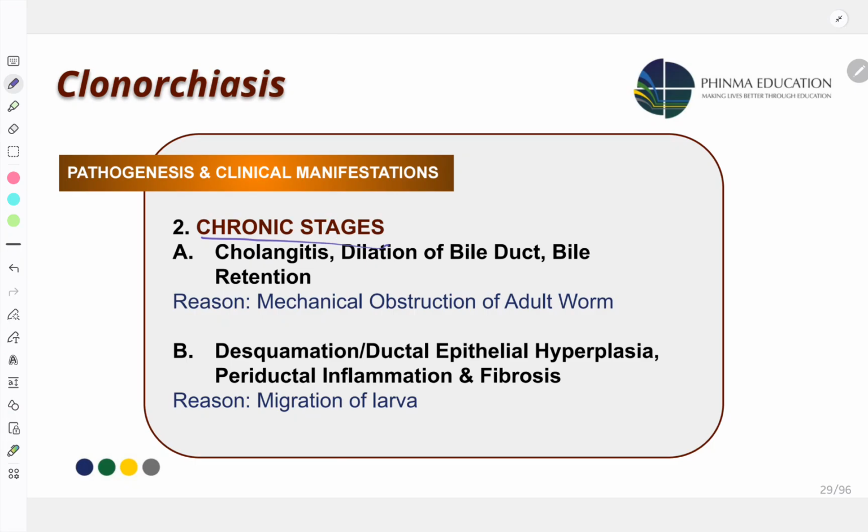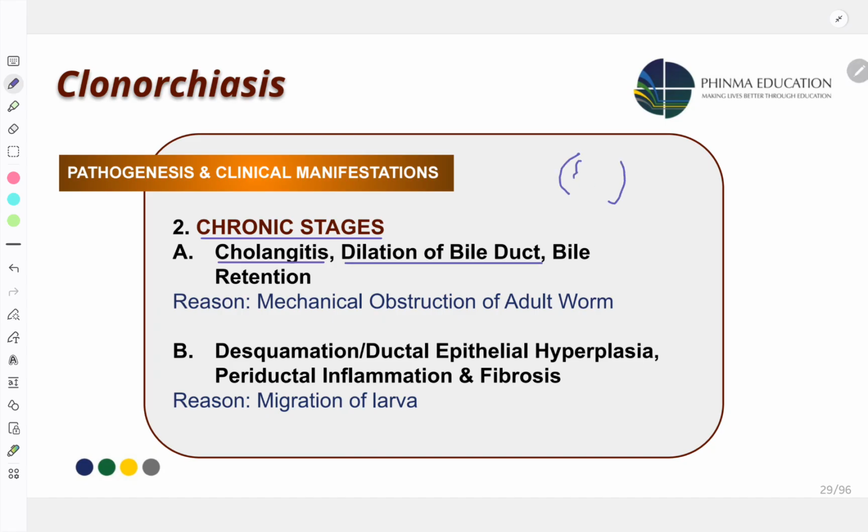So, no, during the chronic stages, if acute pa lang, if light ang worm burden, wala kay ma-feel. But if dugay-dugay na ang infection, daghan na ang worm burden, there is cholangitis, no, ma-inflame ang imong bile duct, no, ma-irritate, ma-inflame ang bile duct. There is dilation of the bile duct. The same with your Fasciola.